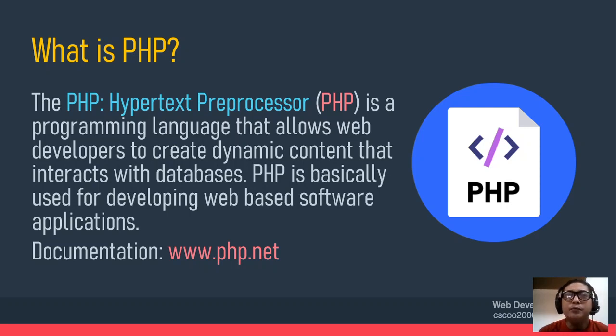Websites basically produce information that is stored on a database. But right now, we harness that technology to produce web applications. We develop systems that can be viewed online using a web browser. So PHP is open source. By the way, PHP is a scripting language that is stored on a web server.